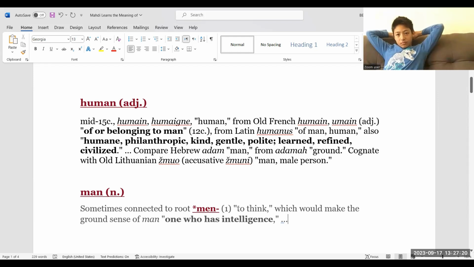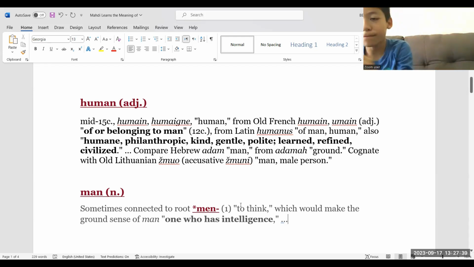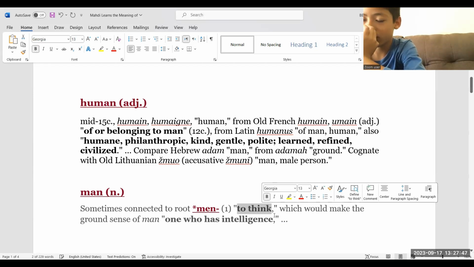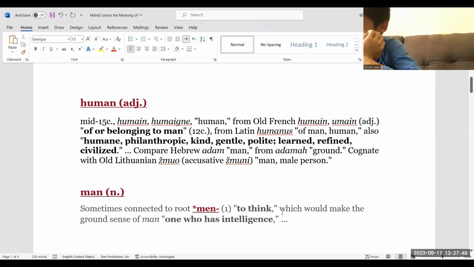They're saying that man and men have nothing to do with biology, nothing to do with you being a male species that makes you different from the female species. They're saying that if you are a man, or belonging to the community of beings that are called men, you belong there only because you love to think. You've learned to think, to use your mind.